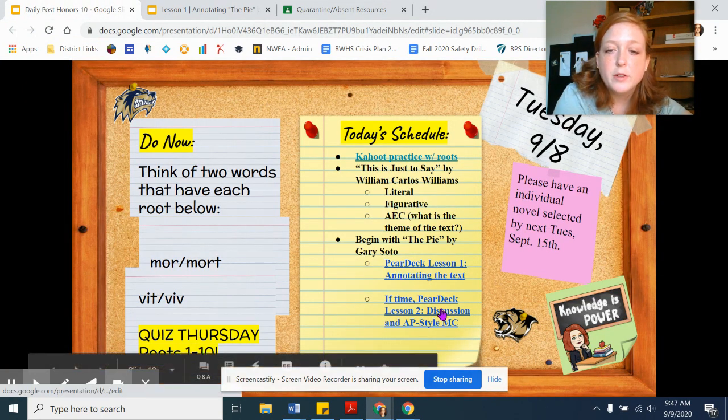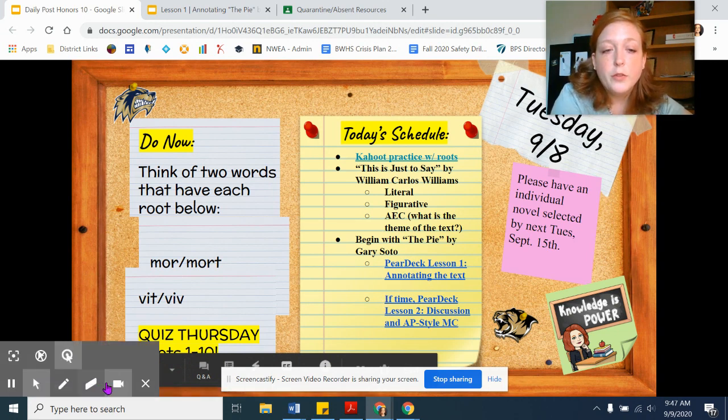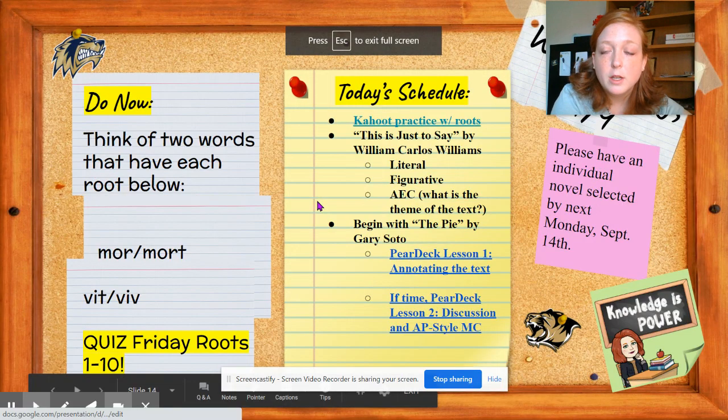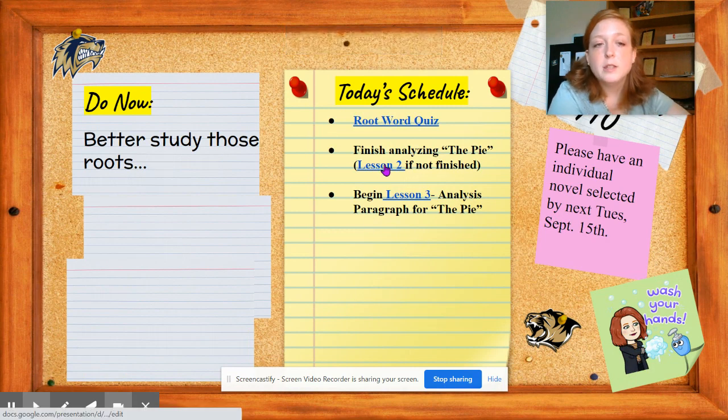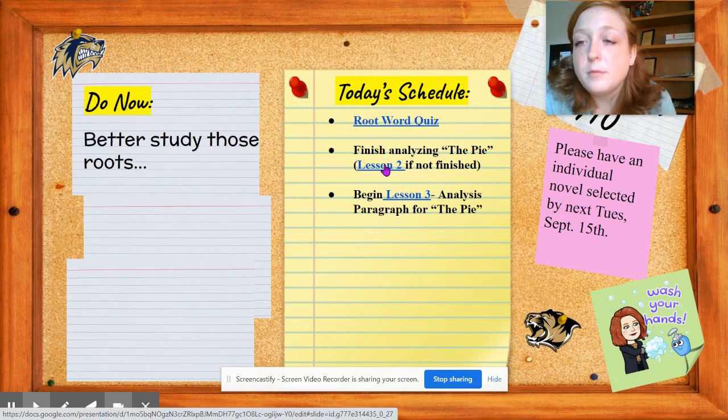Now, we haven't started the next one yet. It's Wednesday the 9th while I'm recording this. On Thursday and Friday, I intend to begin lesson 2, and that is guided. I'll present them with some AP style multiple choice questions, and they'll talk about them and answer, and we'll discuss the answers, and then some discussion questions about the text, The Pie by Gary Soto.